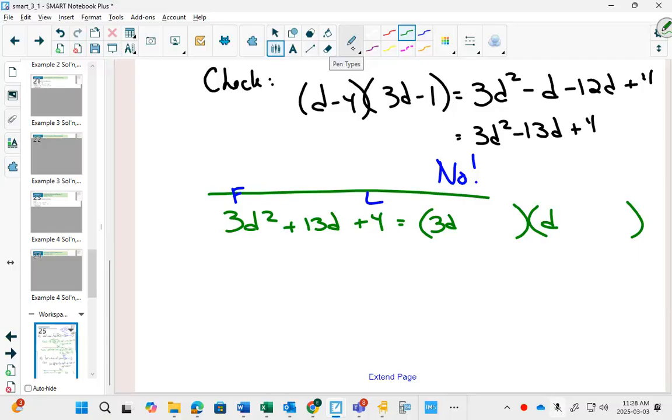I need a 13. I check the 2 and 2 first. That gives me 6 and 2. That never gives me 13. What are you feeling? 4 and 1 or 1 and 4? So if I try the 1 and 4, my outside is 12, my inside is 1. 12 and 1 makes 13. I would need this to be plus 12 plus 1. And so we factor it.